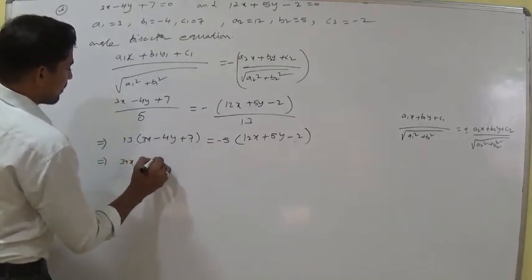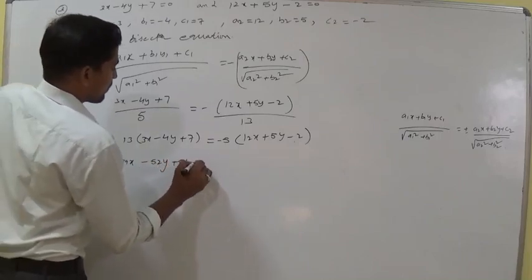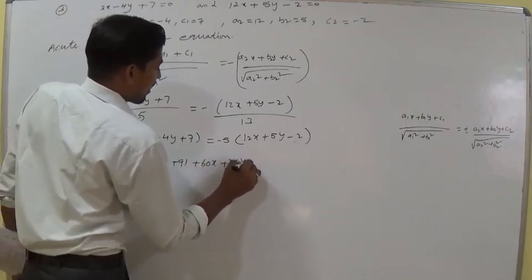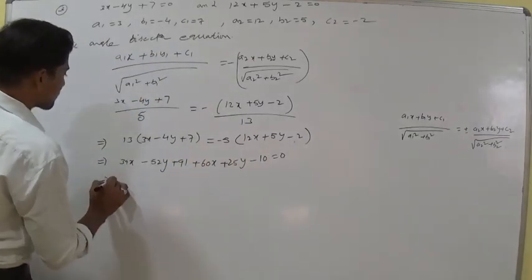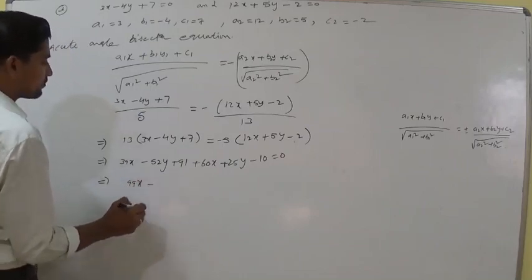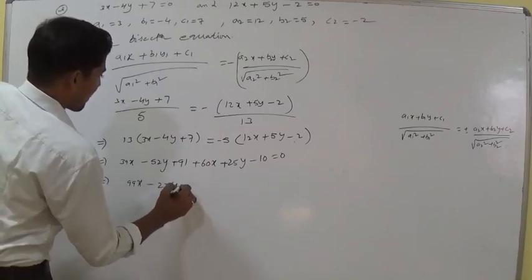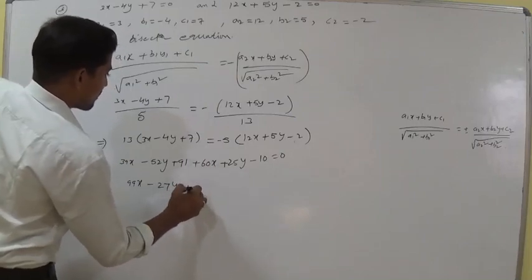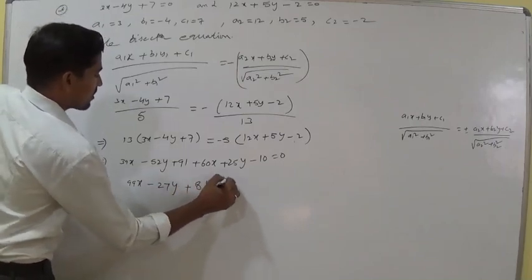This implies 39x minus 52y plus 91 plus 60x plus 25y minus 10 equal to 0, which implies 99x minus 27y plus 81 equal to 0.